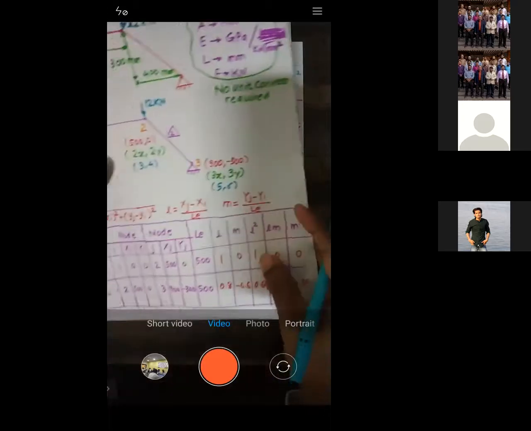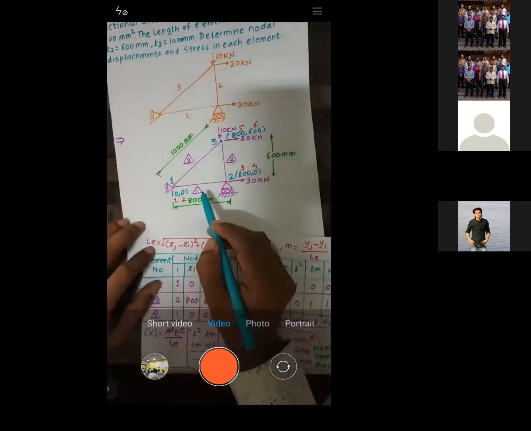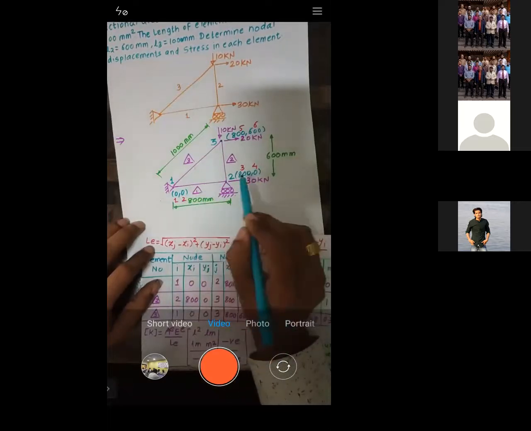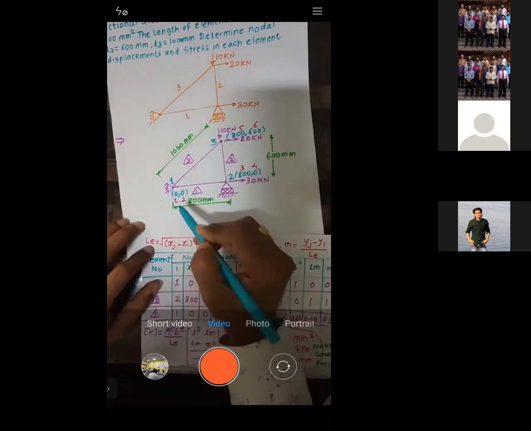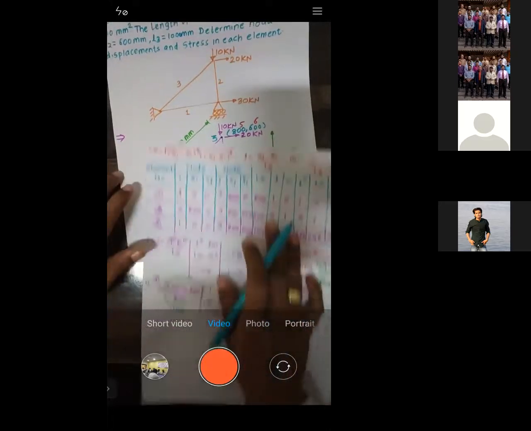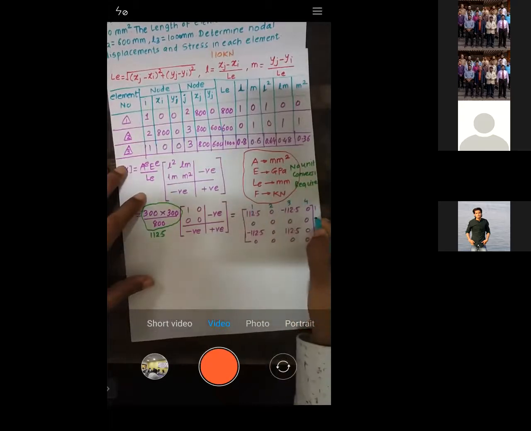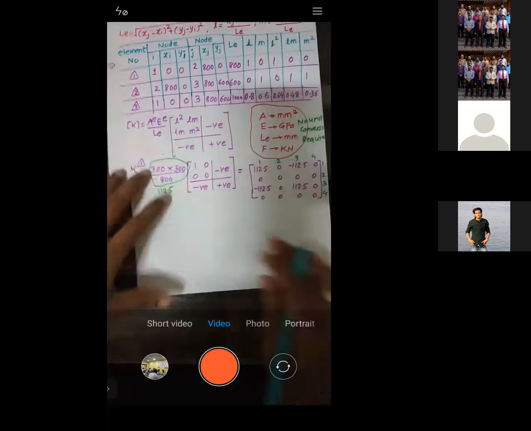As you can see in the problem, for element number 1 the degrees of freedom are 1, 2, and 3, 4, because element 1 is between node 1 and node 2. Node 1 has degrees of freedom 1, 2 and node 2 has degrees of freedom 3, 4. Accordingly, I assign 1, 2, 3, 4.